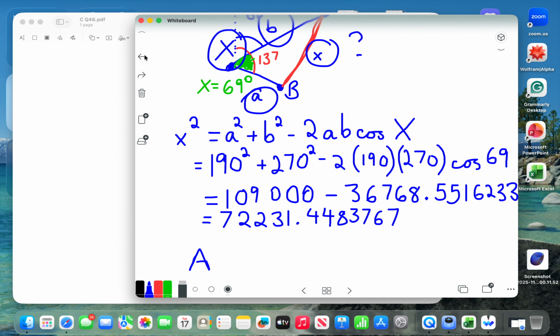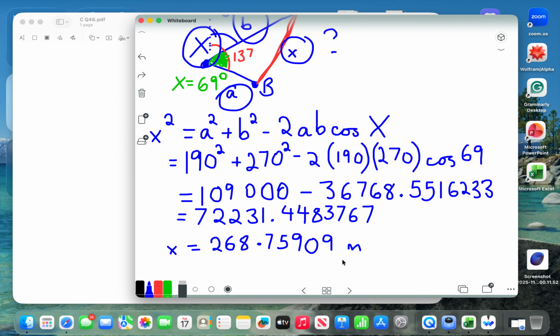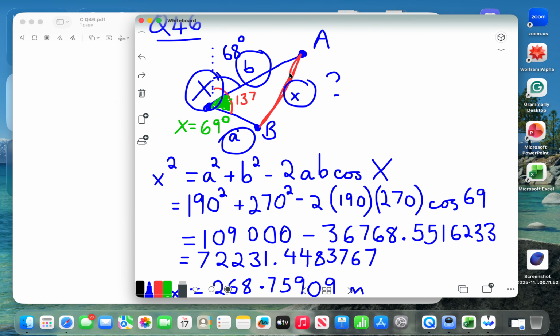In fact, we won't just yet. And that is the small x, or AB. That's the crow flies distance.